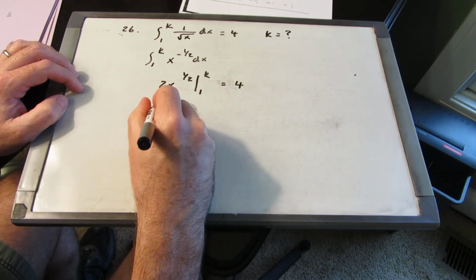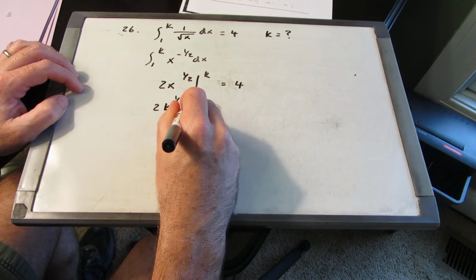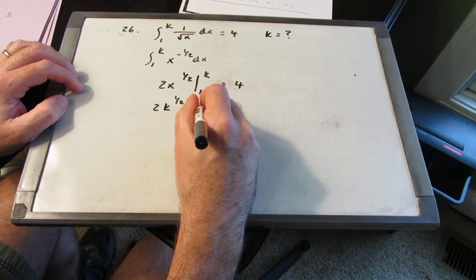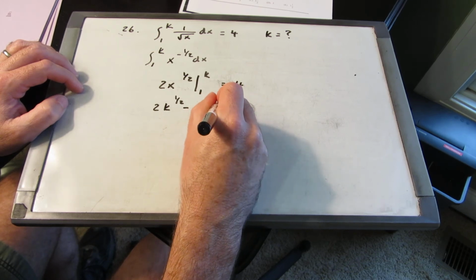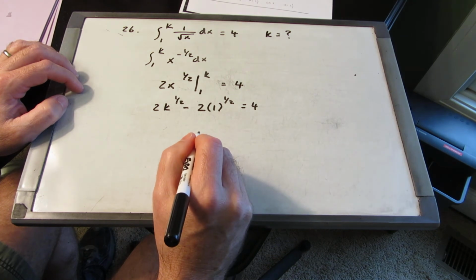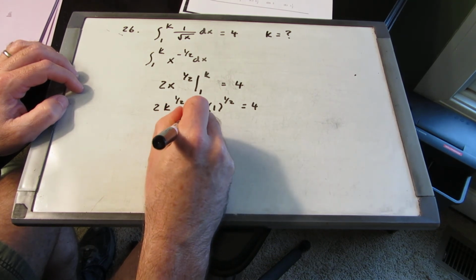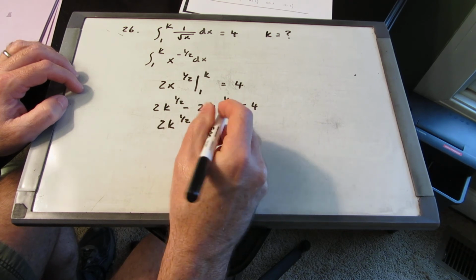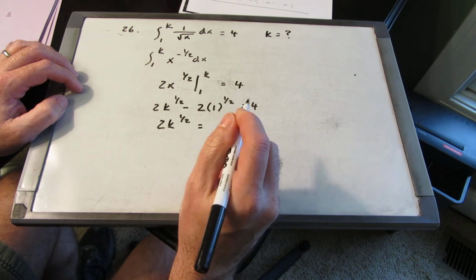So let's plug in k. That's going to be 2 times k to the 1/2 minus 2 times 1 to the 1/2 is equal to 4. Okay, so that just means 2k to the 1/2, and 2 times 1 to the 1/2 is just 2, so that's equal to 6.